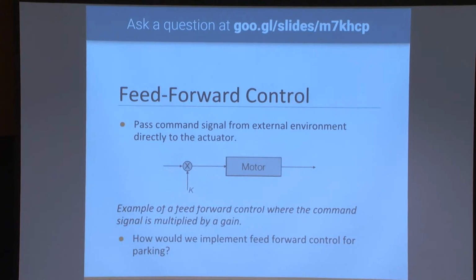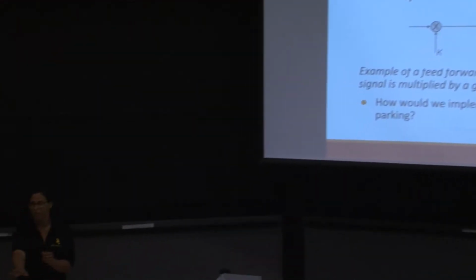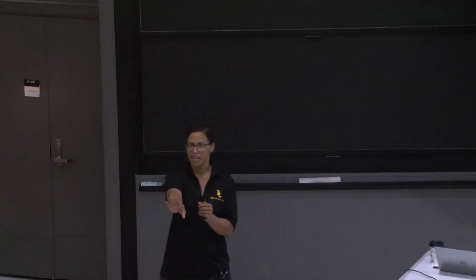Suppose I wanted my car to park, and I just had it stop and look at the cone. Then it just estimated, okay, I should probably drive forward for maybe 3 seconds, and then turn at maybe negative 15 degrees for 2 seconds. And then I just had it drive and do that. That would be an example of feed-forward control.